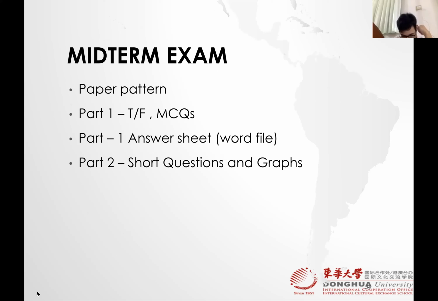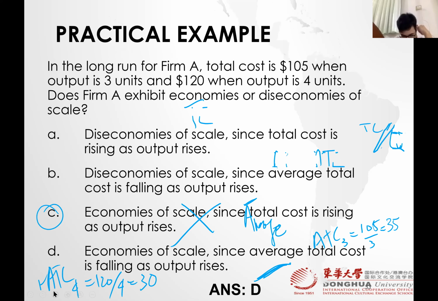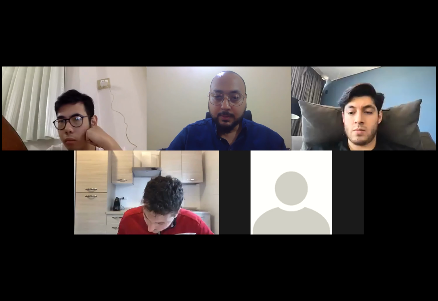So understand this, why the answer is D: because if you see, the average total cost is decreasing. You produce more, average total cost decreasing, economies of scale. I made a mistake here. I think I should correct it first. Just wait, guys.